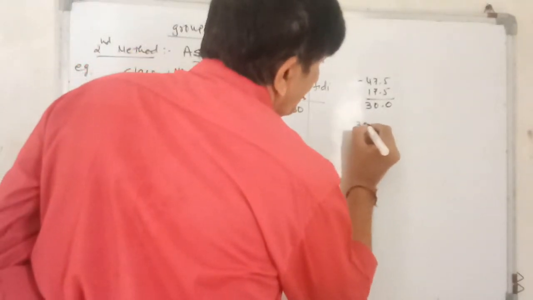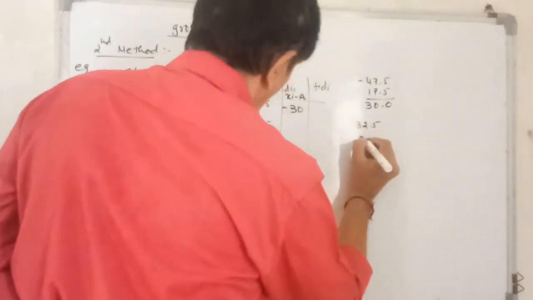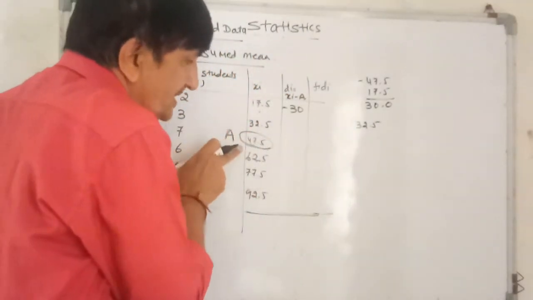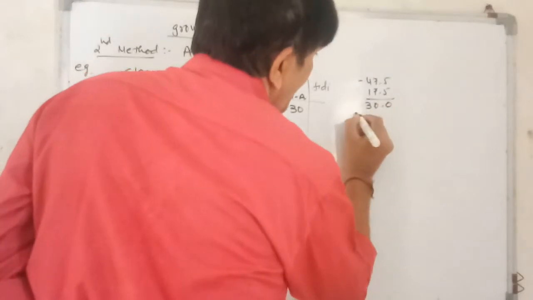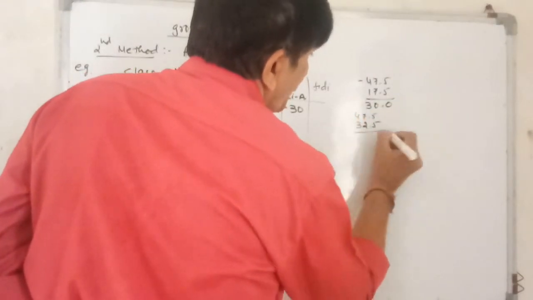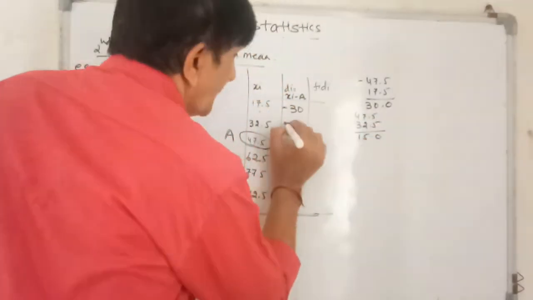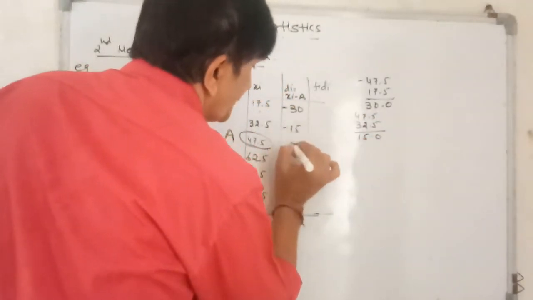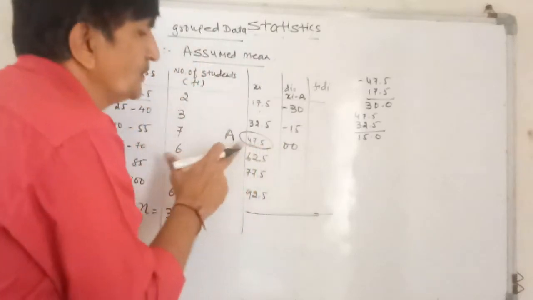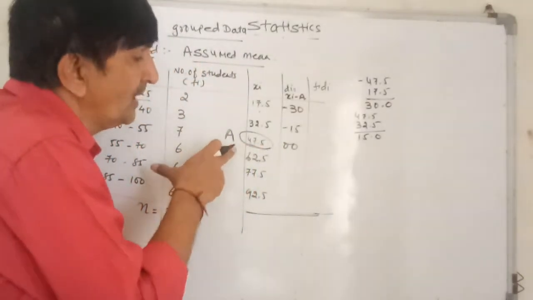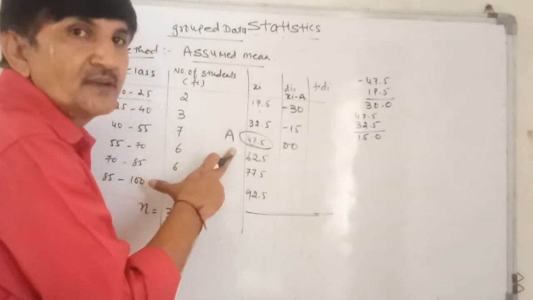Next, 32.5 minus 47.5, that is xi minus a. This will give minus 15. Next, this will be 0. Why? Because xi itself is 47.5 and a is also 47.5.